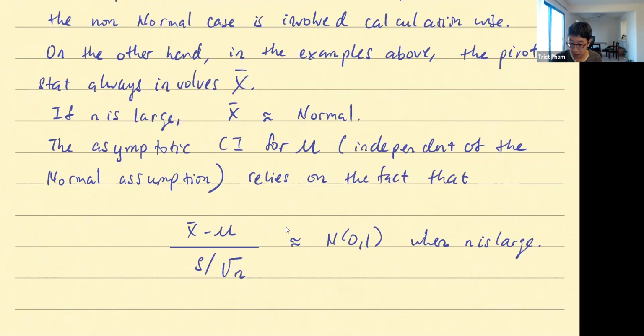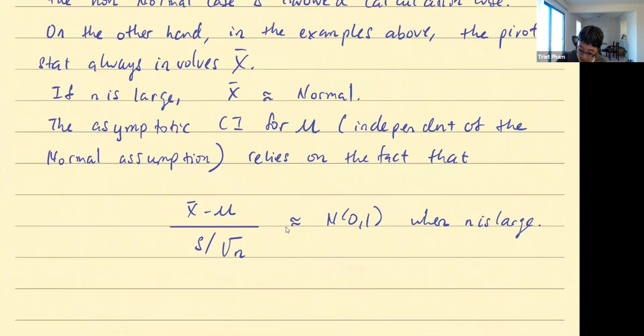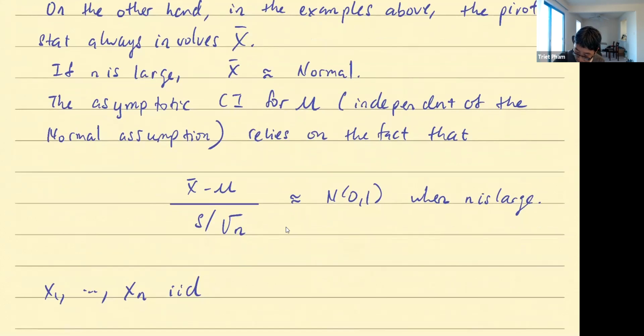So how it's used is basically you just pivot, right? You just pivot using this statistic. So in other words, what we have is this. If we have x1 up to xn IID with mean mu, right, and variance sigma square. So I don't mention anything about the distribution.